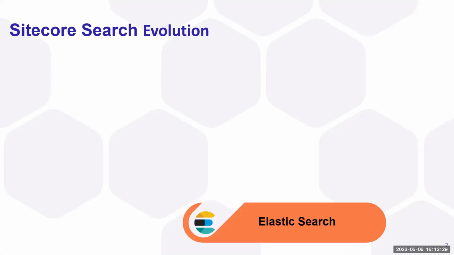Many years ago, Elasticsearch is a distributed open source search and analytics engine designed for handling large amounts of data. It's commonly used for full text search, real-time analytics, and log data analytics.